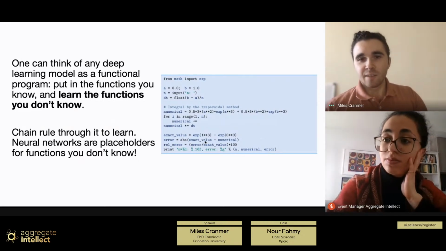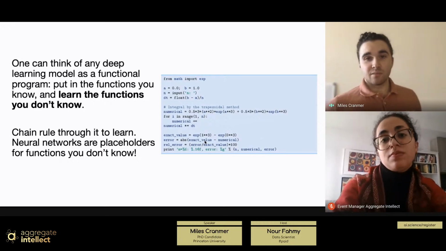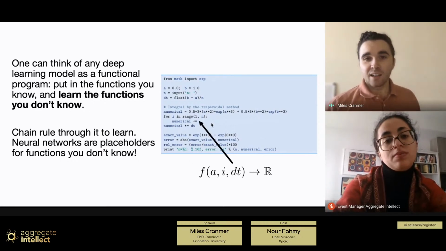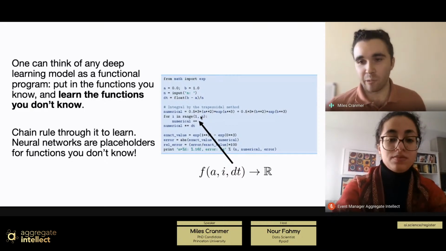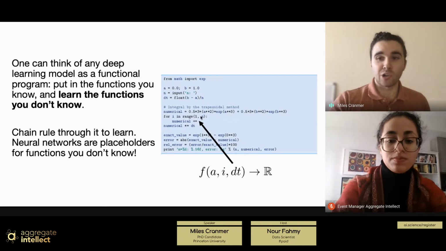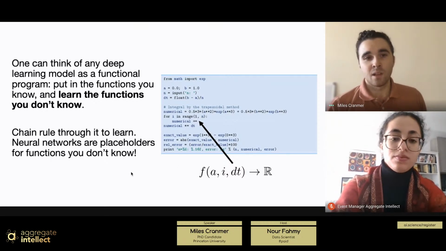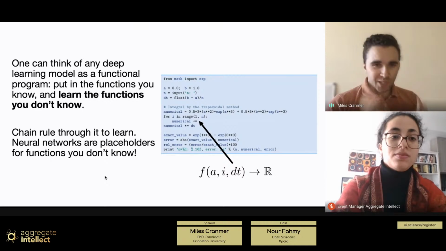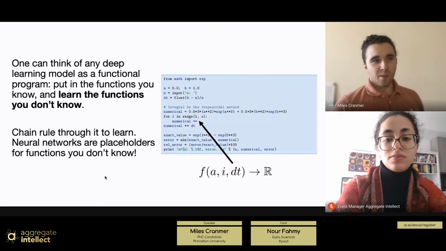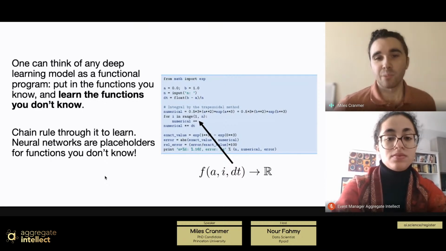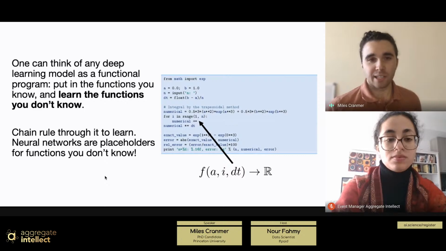So in this example, maybe we don't know how to do integration with the trapezoidal method. We can remove that and replace it with a neural network. And you get neural ODEs, where you learn that piece of code with a neural network. It's really good to think about deep learning this way, because you can tackle many different problems when you think about it like this.